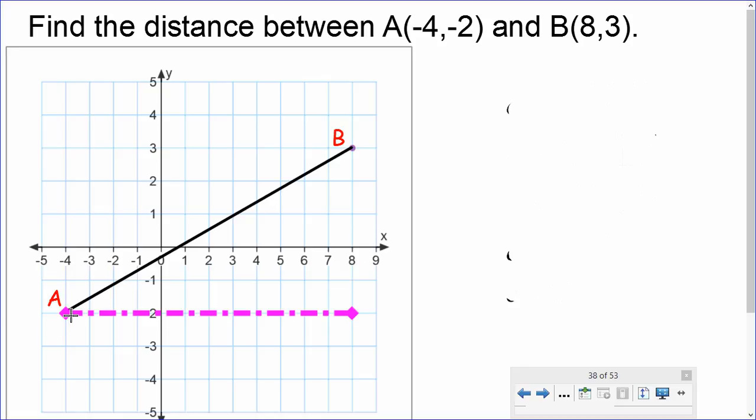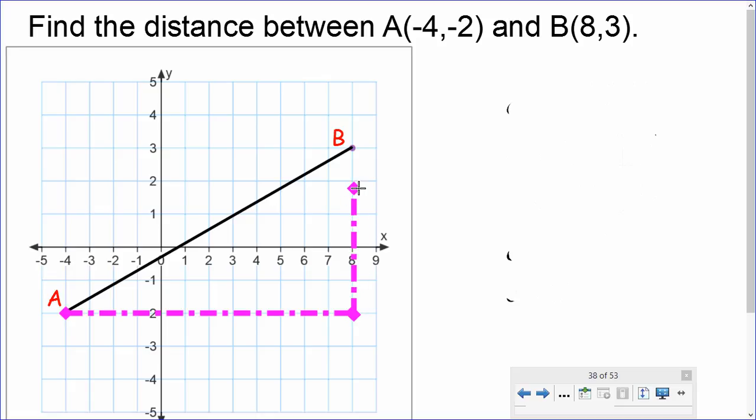If you count the number of spaces that I went, that's a total of 12 boxes. That's what they mean by taking the difference between the coordinates. -4 minus 8 would be -12, but when you square it, it will come out to be positive. But just count the boxes.